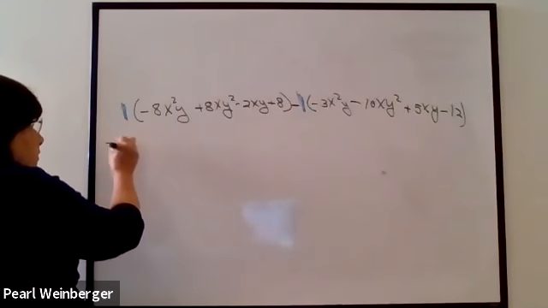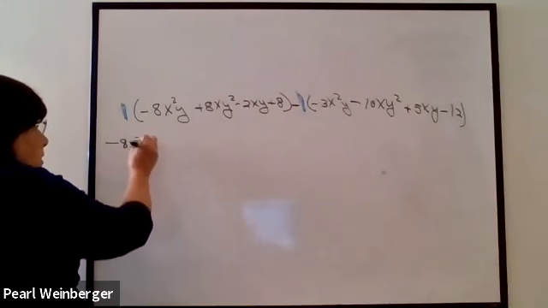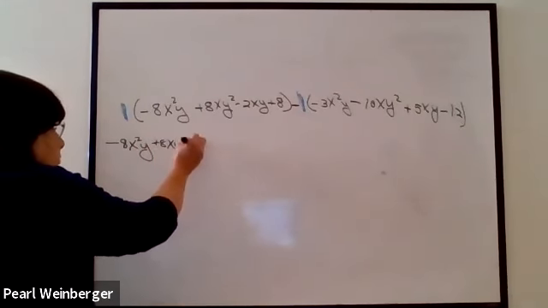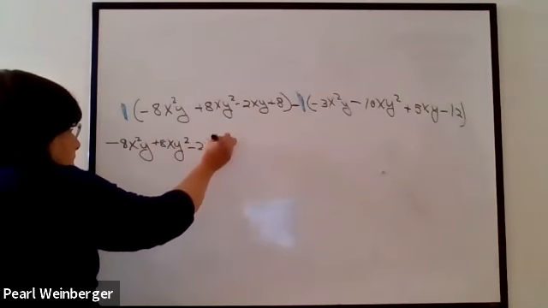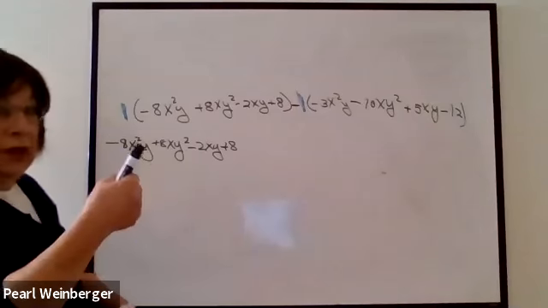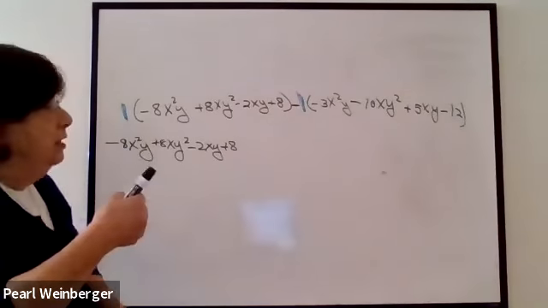This stays negative 8x squared y plus 8xy squared minus 2xy plus 8. The other parentheses, the one that we're subtracting, we're multiplying by negative 1.